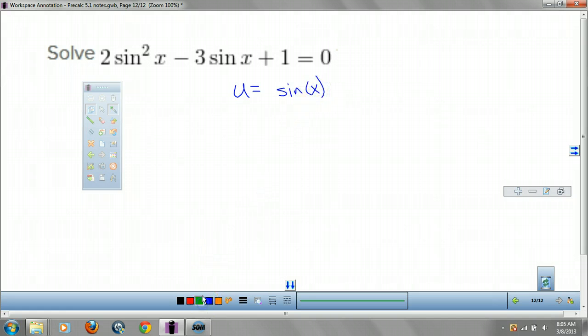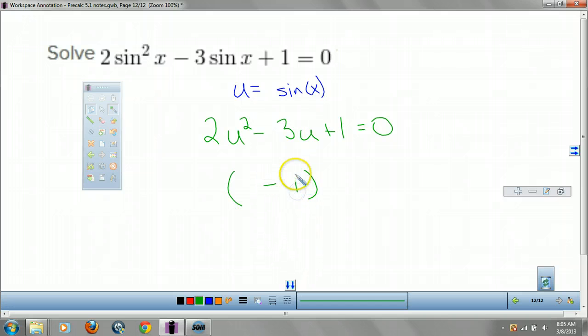So I'm going to rewrite this equation as 2u squared minus 3u plus 1 equals 0. Anything too scary? Now I'm going to factor this, or try to. I have a positive 1 here, a negative here, so I know it's going to be minus 1, minus 1. That shouldn't matter because there's going to be a 2u and a u.